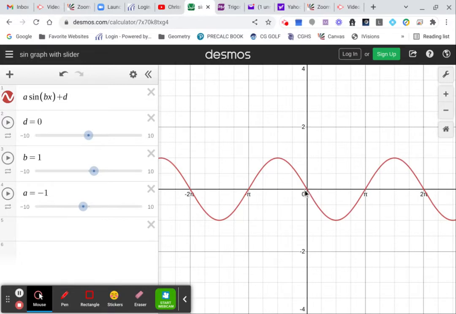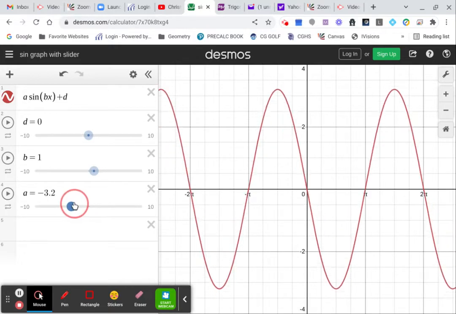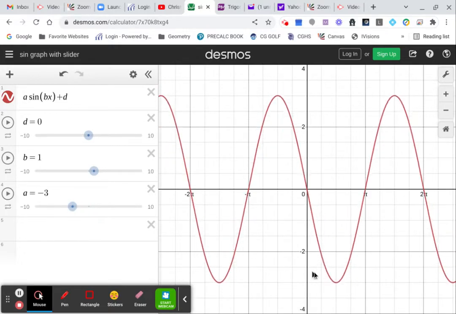Normally sine over here goes up to 1. Well, now it's getting reflected over. Now it's been flipped over that x-axis. So now it's going down to -1. Does that make sense? And if I move this even farther away, if I go to like -3, now it gets as low as -3 to start, and then goes as high as +3. It's gotten reflected and stretched.